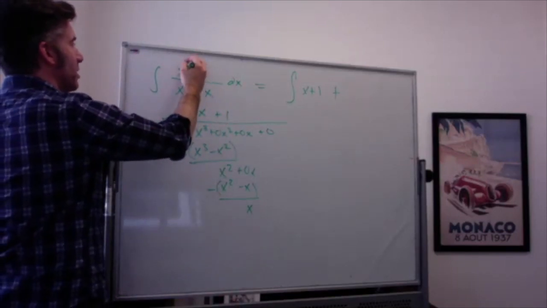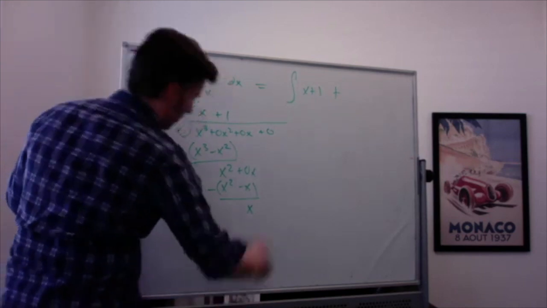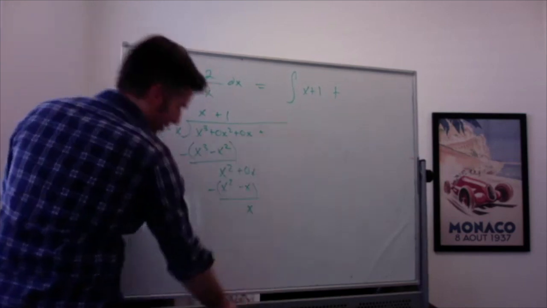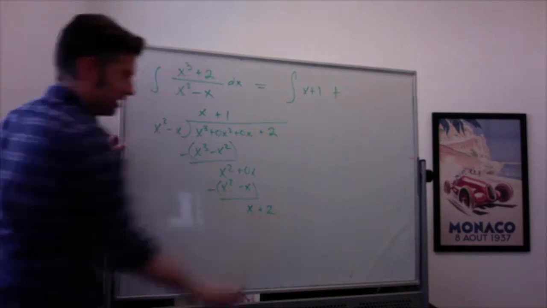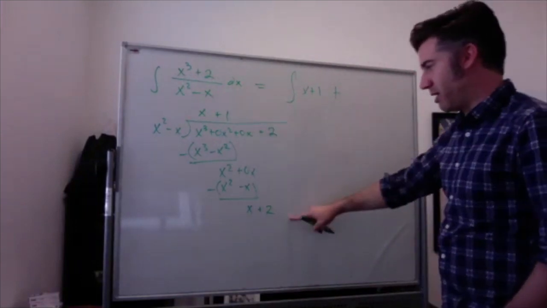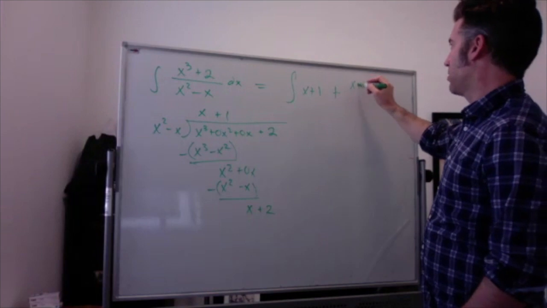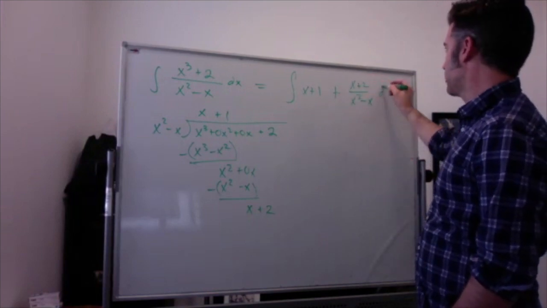I'm going to make this x cubed plus 2, so that there's a plus 2 over here and we couldn't just factor and cancel out an x. Okay, fixed. So it's x plus 1 plus the remainder, x plus 2 over x squared minus x.